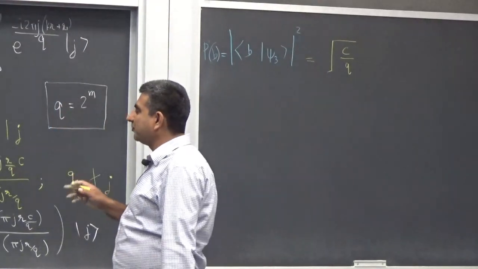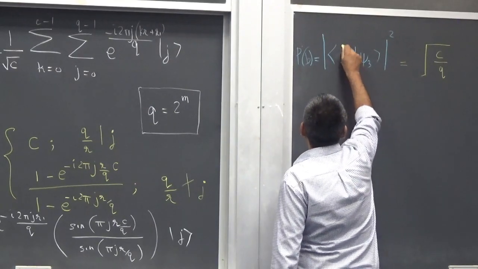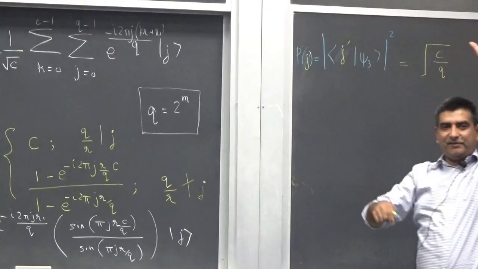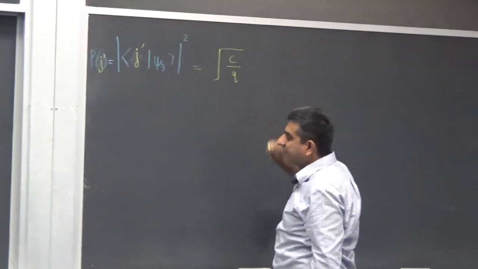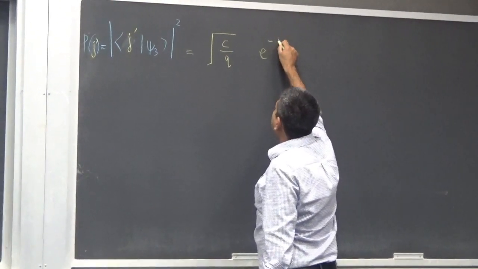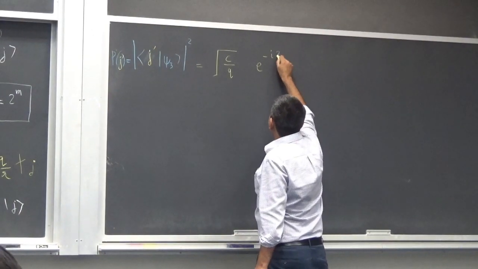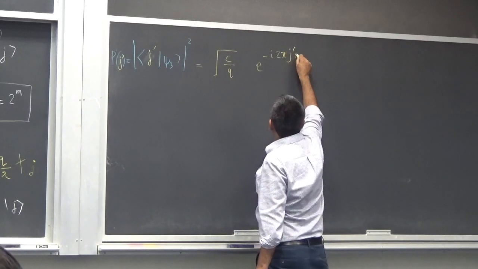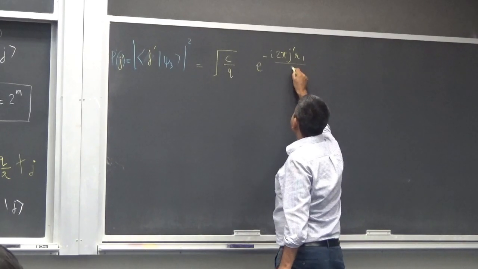So instead of using b, let's call this j prime, one of the j's. The j we're talking about is j prime. So the state is going to be e to the minus i 2 pi j prime r, 1 over q.